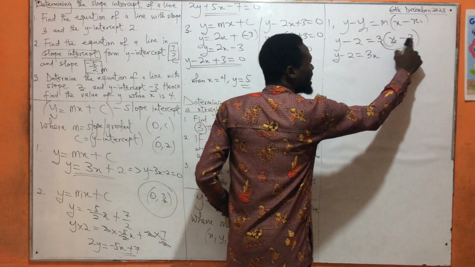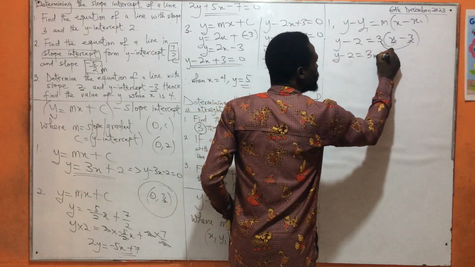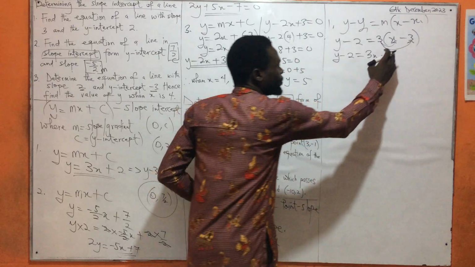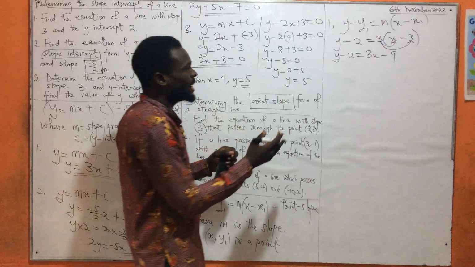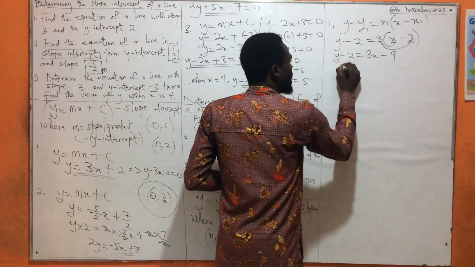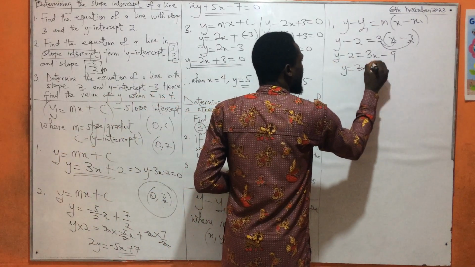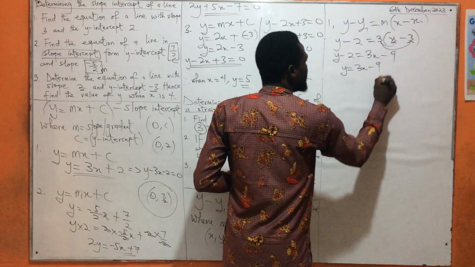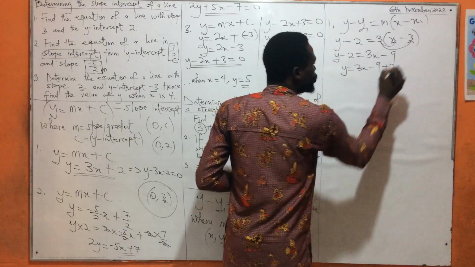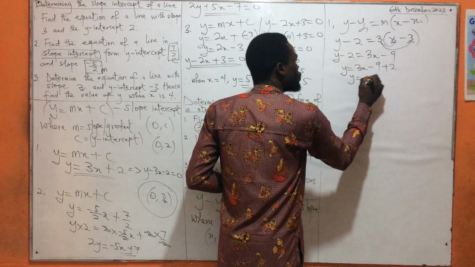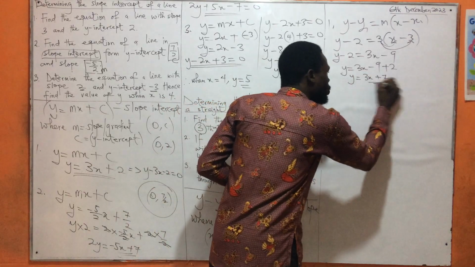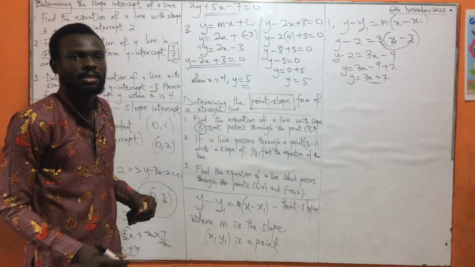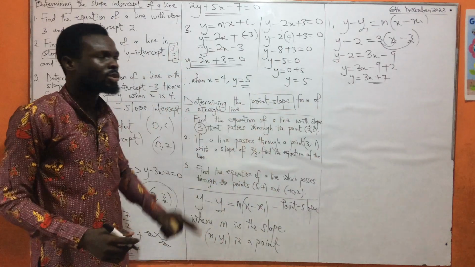Then 3 times negative 3 will give you negative 9. Now we can group like terms. So y is equal to 3x minus 9 plus 2. So y is equal to 3x plus 7. So this is the equation of the line.